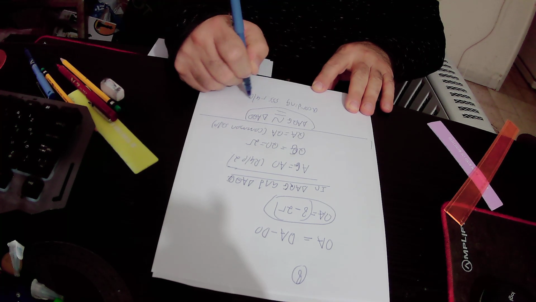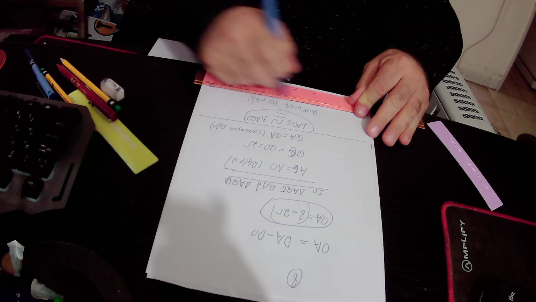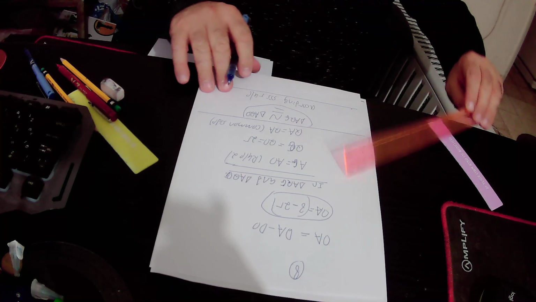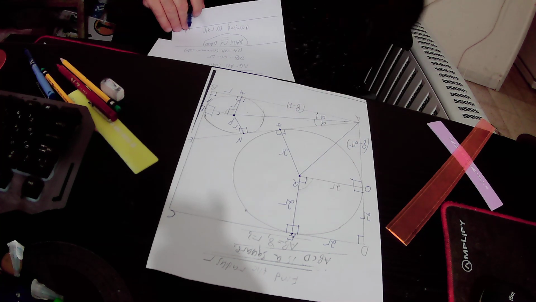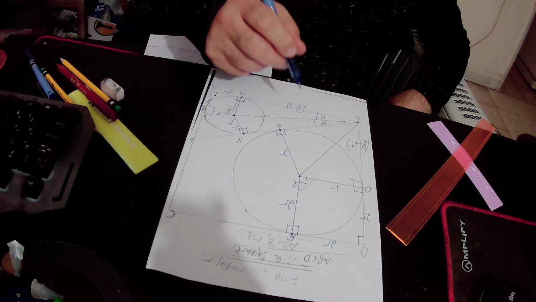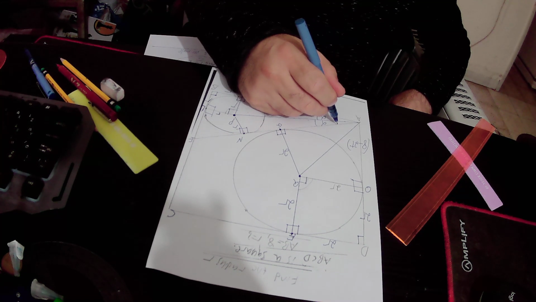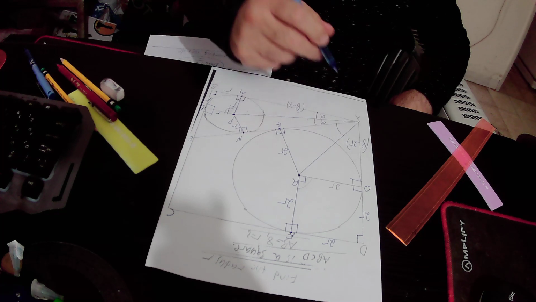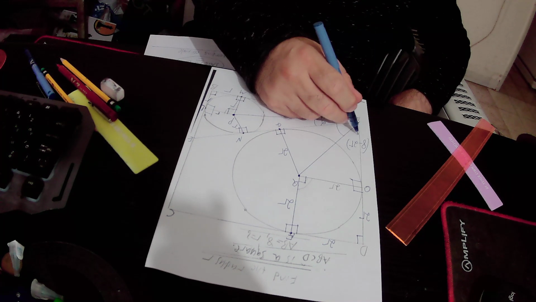And from the fact that those two right triangles are congruent to each other, we will conclude that angle QAG, this angle, is equal to angle OAQ, this angle.